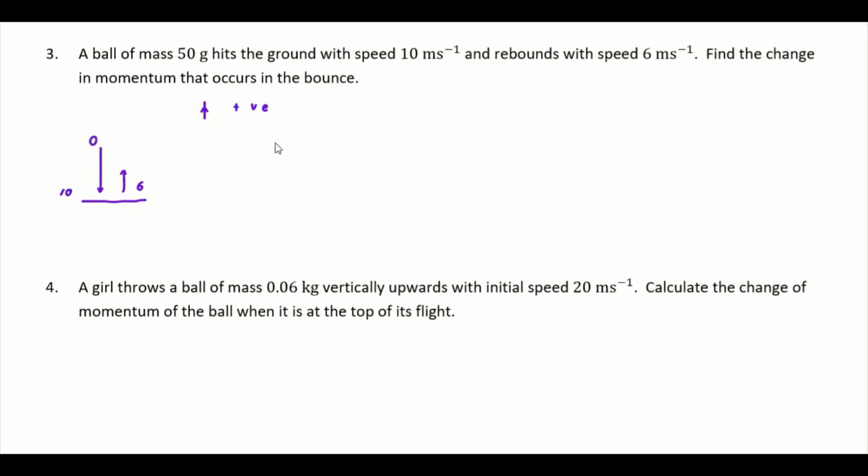So in this case, the change in momentum will be equal to the mass times v minus u. Since going up is positive, our final velocity 6 is positive. And then minus our u, which is in the negative direction relative to the direction that we denoted, so it's negative 10.